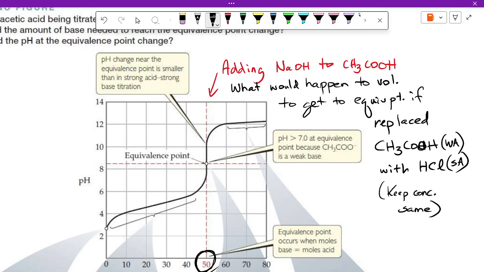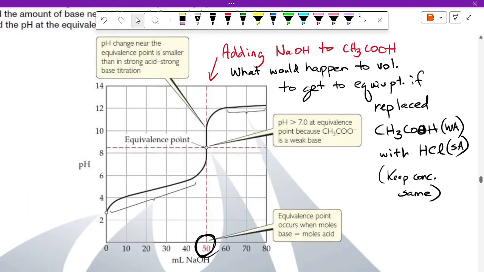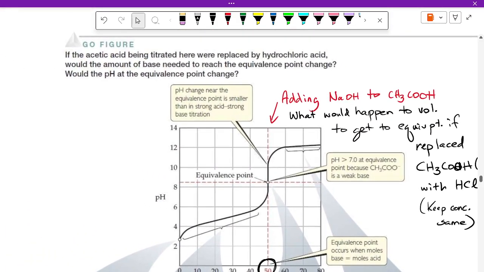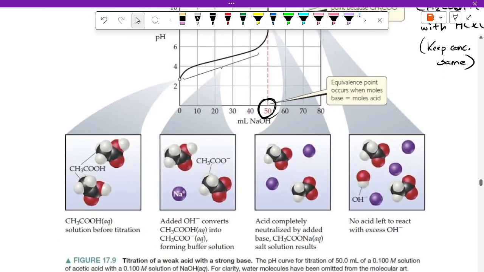Let's think about this. I'm just going to call it HA because I don't want to write out all of acetic acid. This was 50 milliliters of 0.1 molar.